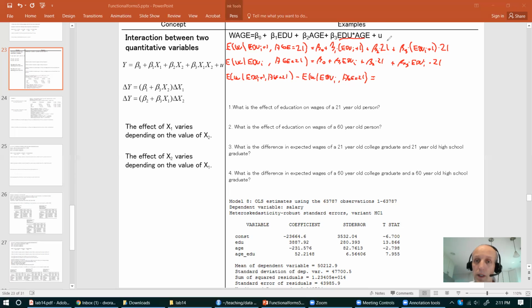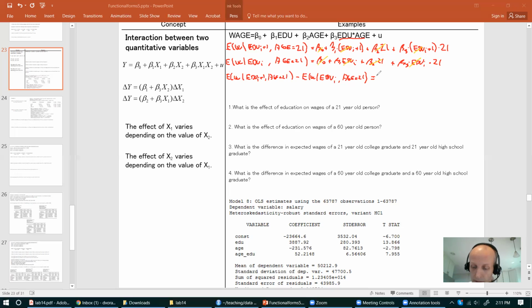If we subtract the bottom one from the top one, we know that this cancels out, this cancels out, this cancels out.